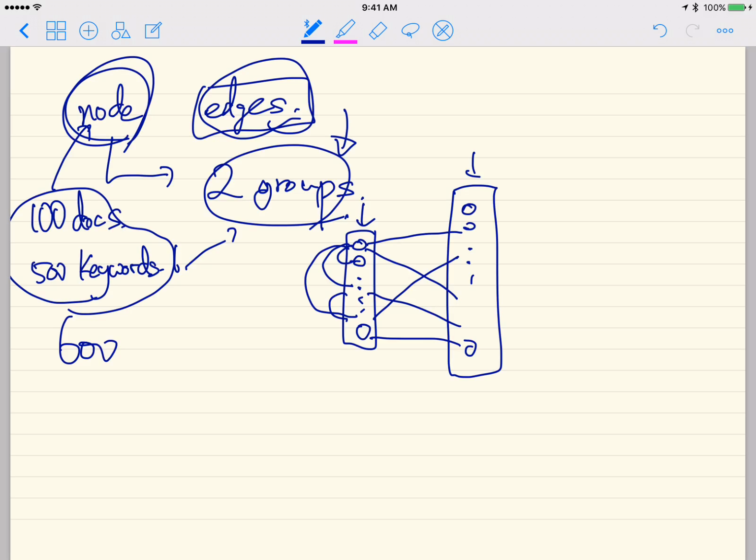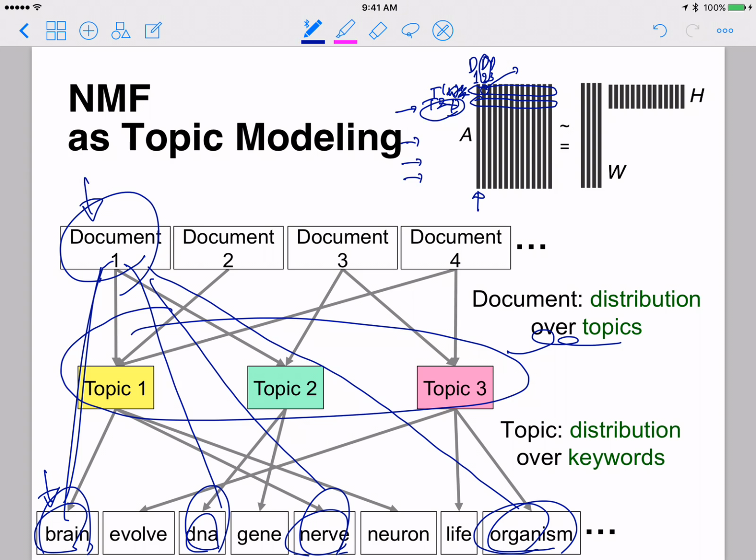If we can guarantee that there are no such edges within the same group, then we call it a bipartite graph. So we do not define any direct linkages between the documents or between the keywords, and we can view this as a bipartite graph.